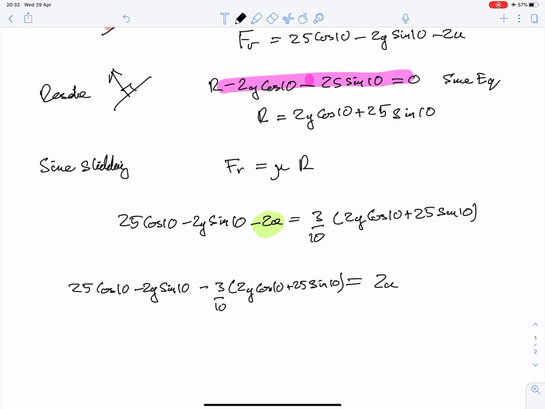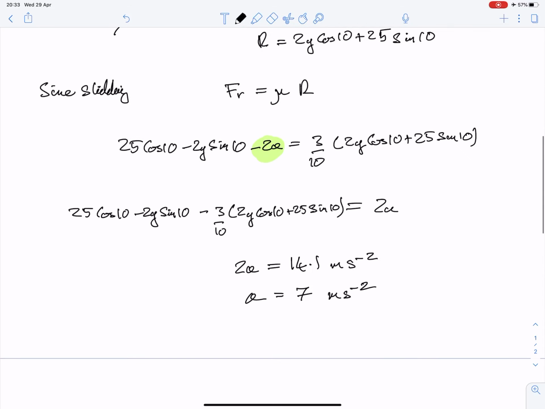If we tap that left-hand side in, 2a, you should get 14.1 meters per second squared, and then a divided by 2, so it's going to come out to be roughly 7 meters per second squared for the acceleration. You can check that exactly on the calculator, but it should be around there.